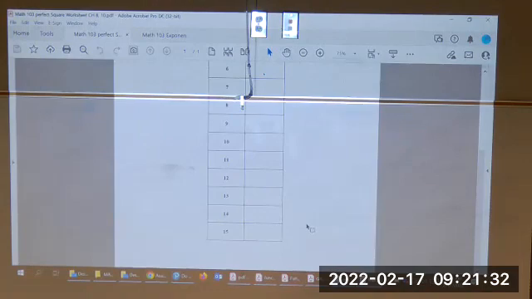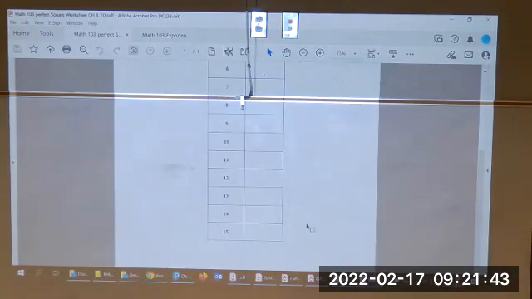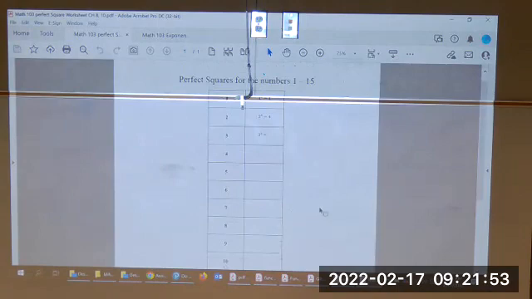Again, it's not mandatory, but you do get to use it on quizzes, and it's just good practice. So for this particular exponent of power 2, let's just start with the power 2. We're starting with 1 squared, so 1 times 1.